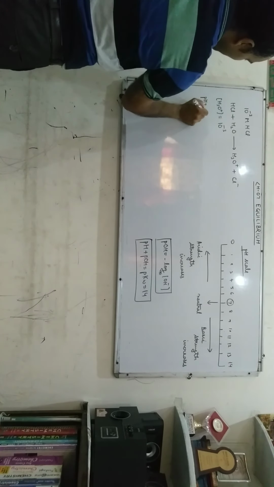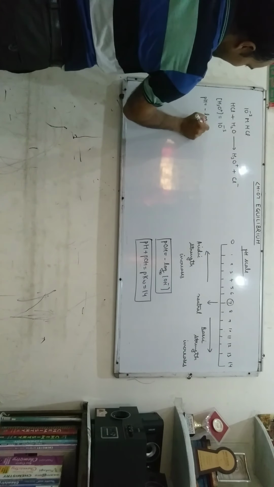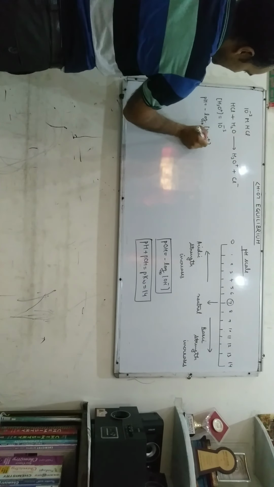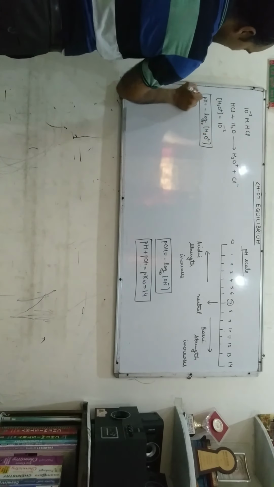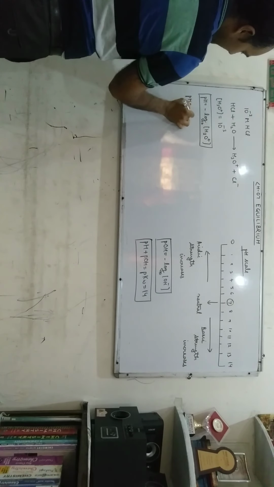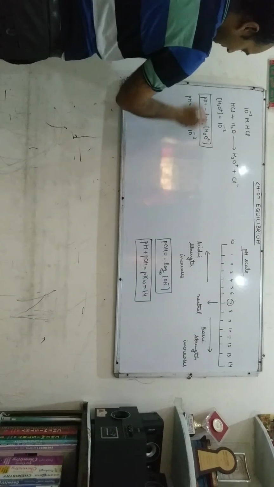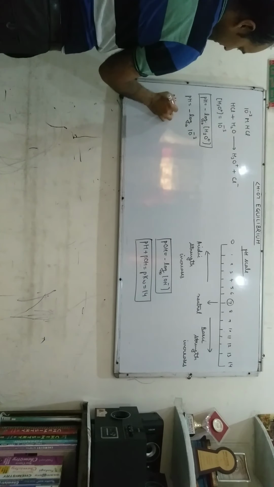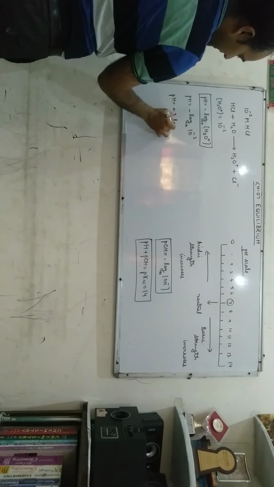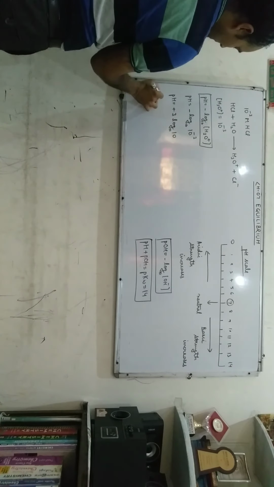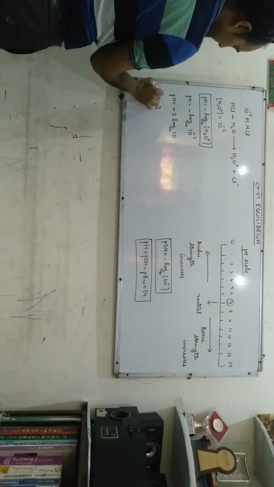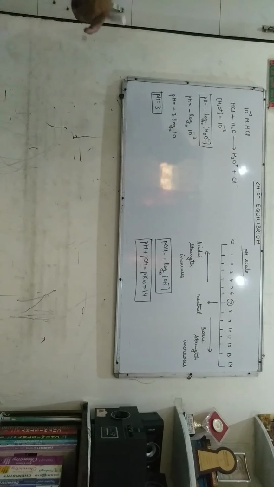And we know that pH is the negative logarithm of the concentration of hydronium ion. Now put the value in, and pH equals plus 3 log base 10 10. The log base 10 of 10 is 1. Thus the pH of the solution is calculated to be 3.